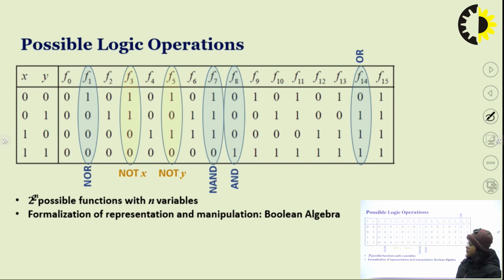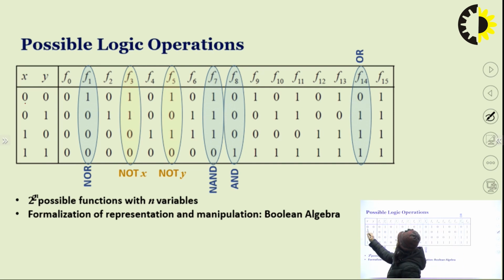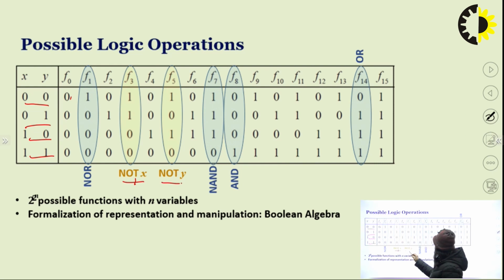Now what are the possible logic operations? For two inputs with all the possible combinations 0,0, 0,1, 1,0, 1,1. F0 means all the outputs are 0. F1 is NOR combination. Then this is NOT combination, this is NOT Y, this is NAND, and so we can write all different types of possible combinations.